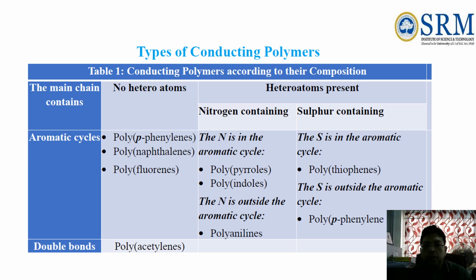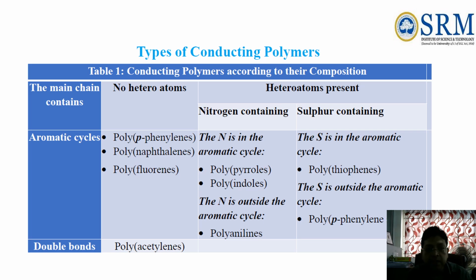We all know that it comprises a main chain. So without heteroatom or with heteroatom, the conducting polymer can be classified. If the polymer backbone does not contain any heteroatom, and in that category, if the building block, the monomeric unit, is the aromatic cycle, then this is one type of conducting polymer.